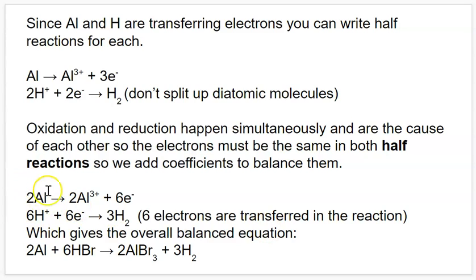Then those coefficients that I came up with in the half reactions, I can reapply back to the original. And then I end up with 2Al plus 6HBr, making 2AlBr3 plus 3H2. That makes sense. Cool.